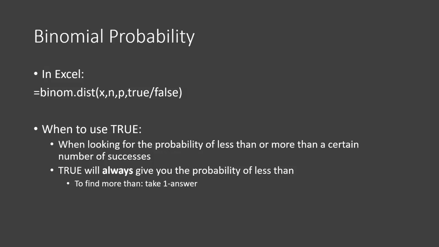So if you ever need to find the probability of more than a certain number of successes, you would still type in true, but then you would do 1 minus whatever your answer was. And that's how we can find the probability of more than a certain number of successes.